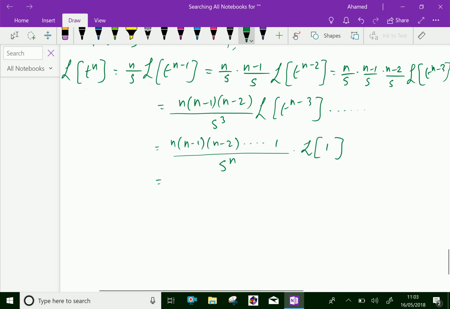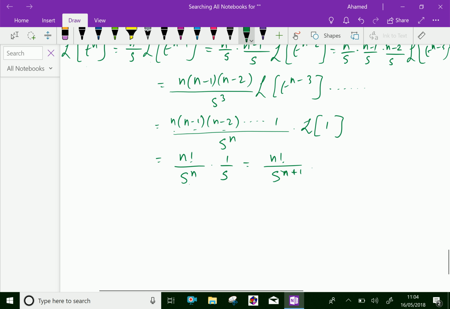Now n into n minus 1, n minus 2 up to 1 becomes n factorial over s power n into Laplace transform of 1, which we know is 1 over s, which gives n factorial over s power n into s, equal to s power n plus 1.